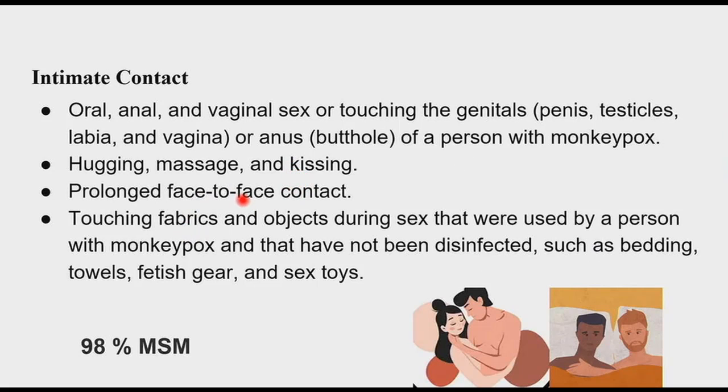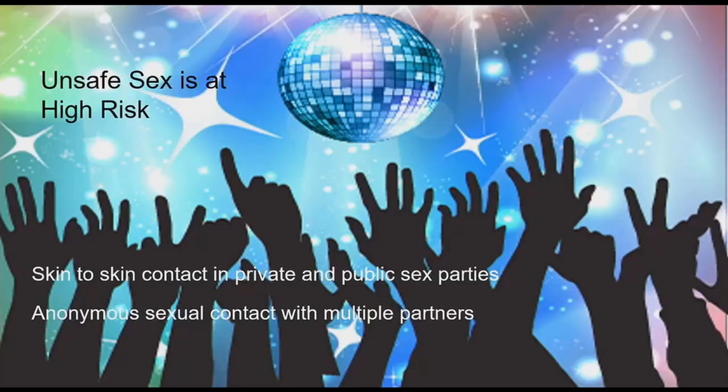Prolonged face-to-face contact or touching fabrics or objects during sex that were used by a person with monkeypox and have not been disinfected, such as bedding, towels, fetish gear, and sex toys. So unsafe sex is at high risk. Close skin-to-skin contact or anonymous sexual contact with multiple partners are risky behaviors for monkeypox infection.